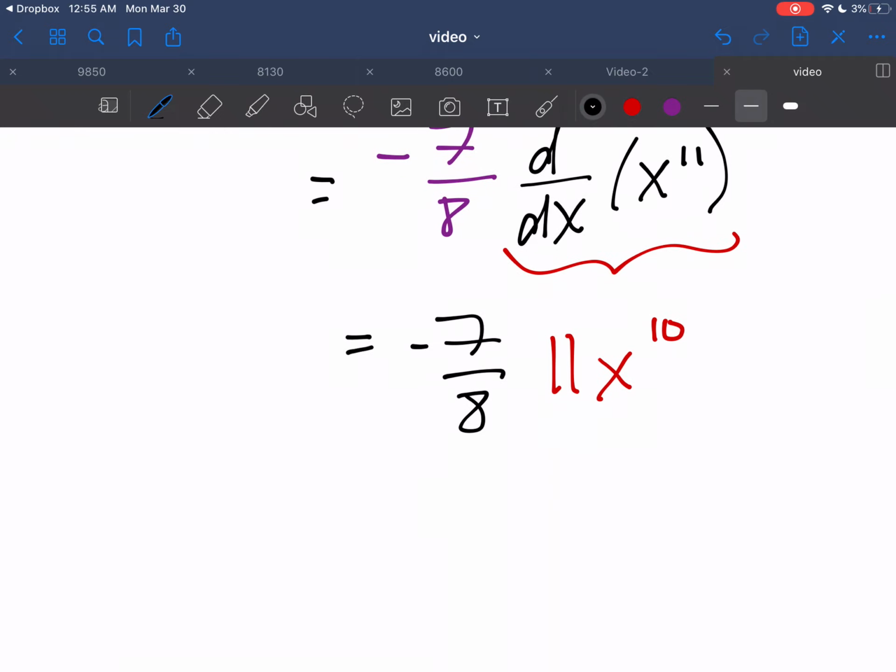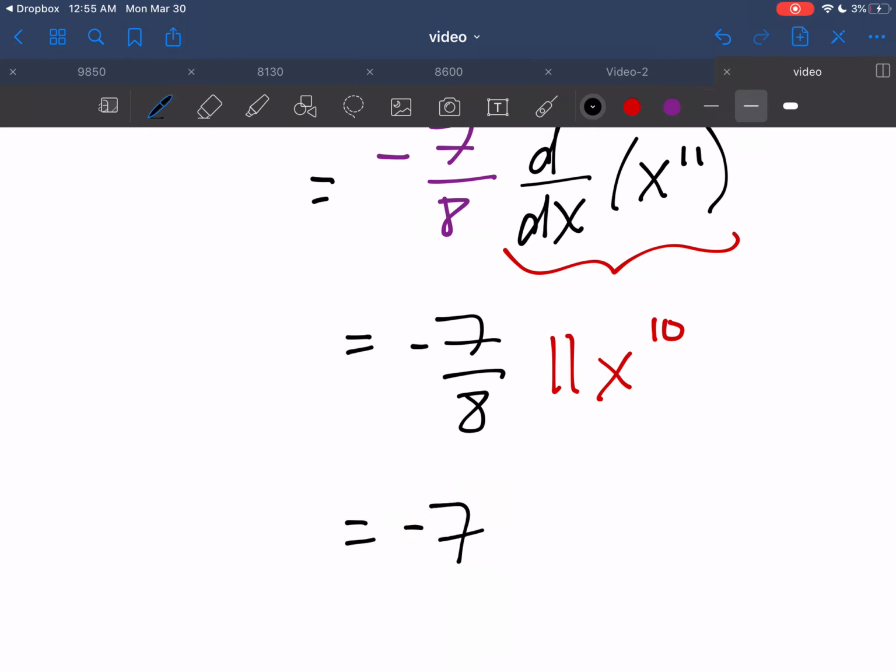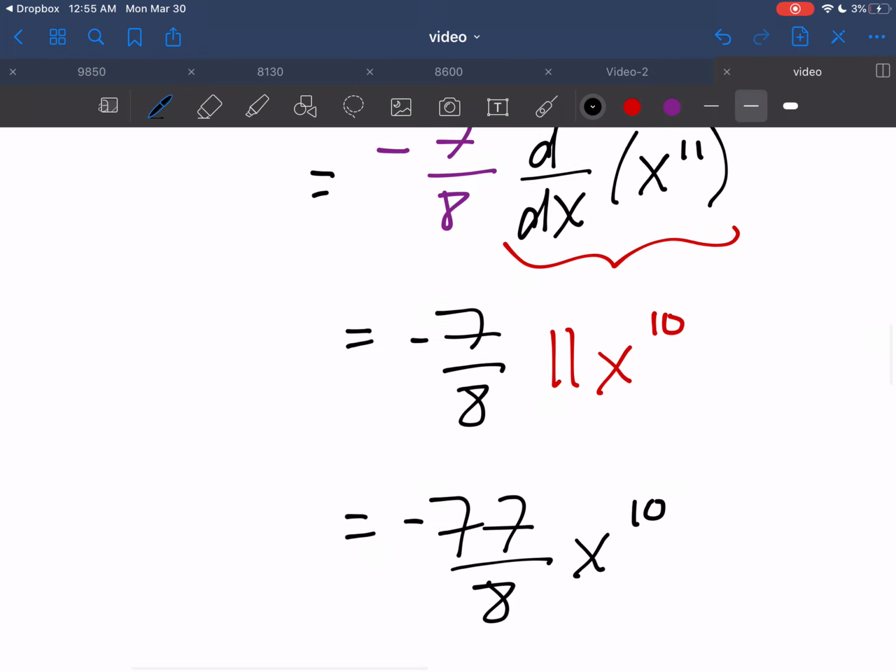Then we can just multiply that 11 times the 7/8, and we would get negative 77 over 8 x to the 10th.